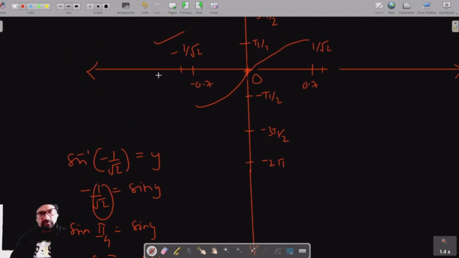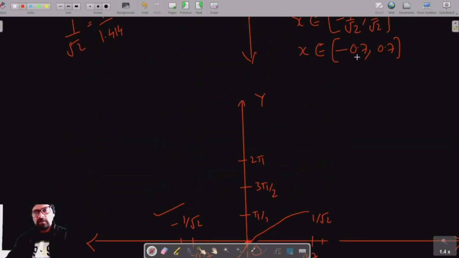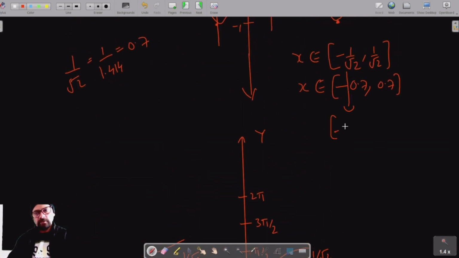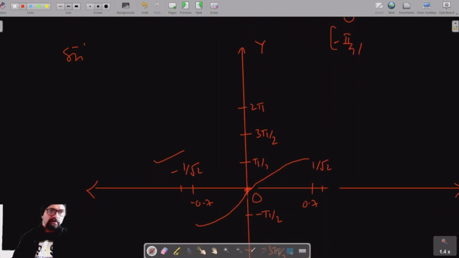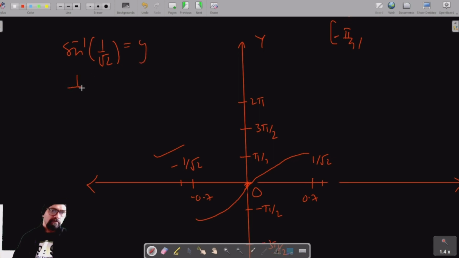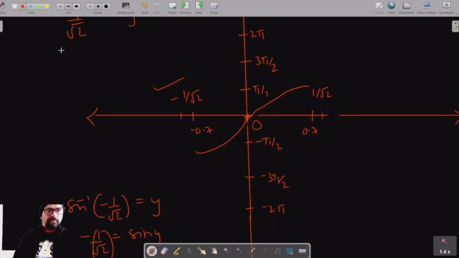So for -1 by root 2, our range value is minus pi by 4. And similarly, sine inverse 1 by root 2 is equal to y. This gives 1 by root 2 is equal to sine y, which is sine pi by 4 is equal to sine y.